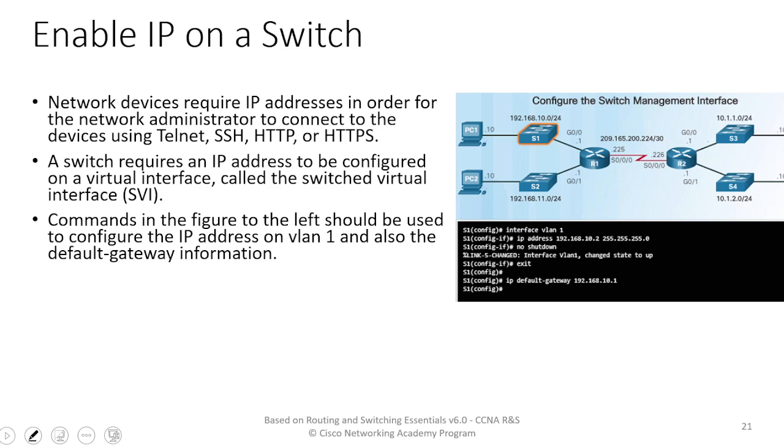But from a management point of view, from an administrator's point of view, we would sometimes allocate an IP address for these switching devices, for switches, so that we can connect to them through telnet or SSH or one of these ways, establishing an administrative connection to manage the device.